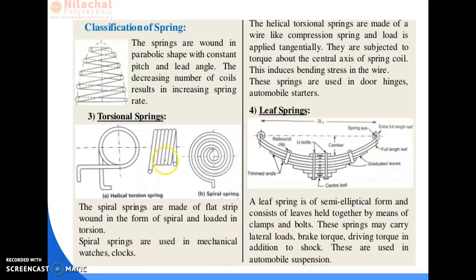Generally, this is the helical torsional spring. The helical torsional spring is made of wire like that of the compression spring. While we wind the spring upon the shaft, torsional shear stresses are produced and the load is applied tangentially.